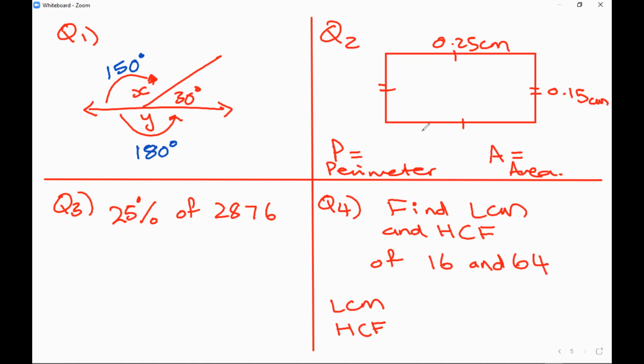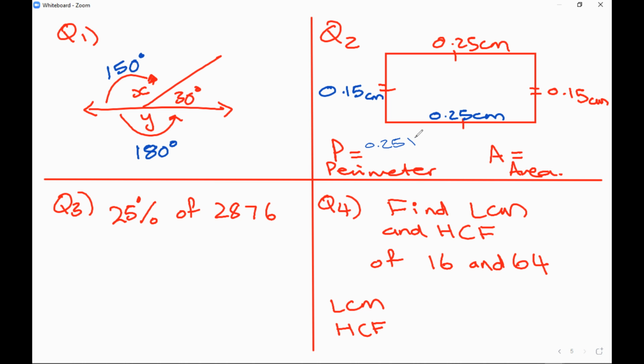Okay. The next one, the perimeter. Remember, if this is 0.25 and this is 0.15, this is also going to be 0.25 centimeters over here, and this is going to be 0.15 centimeters over here. Now let's find the perimeter. Perimeter, we're going to add it all up. So 0.25 plus 0.25, I can just times it by 2, right? Because there's two of them.